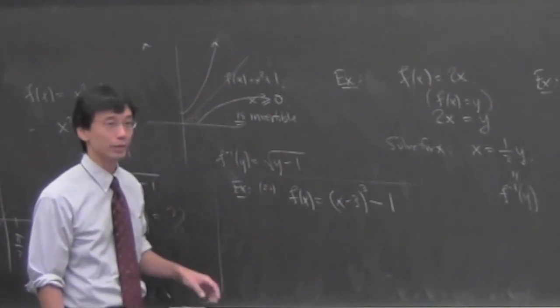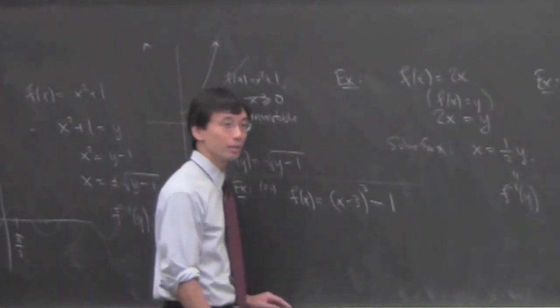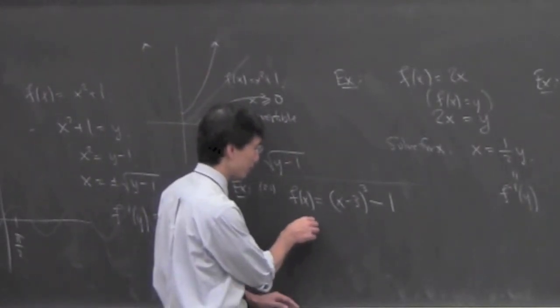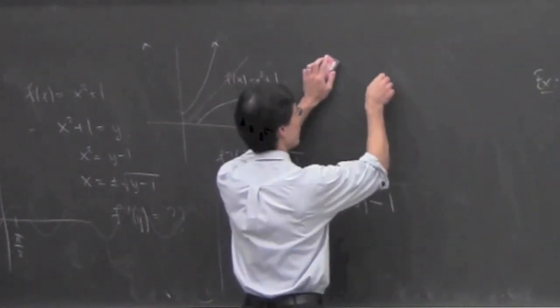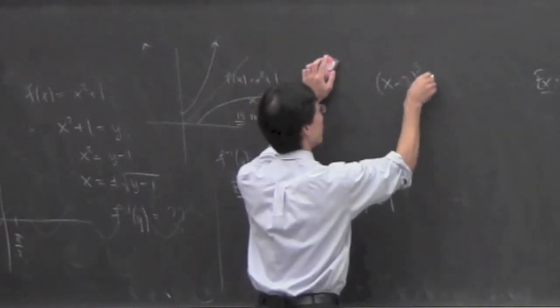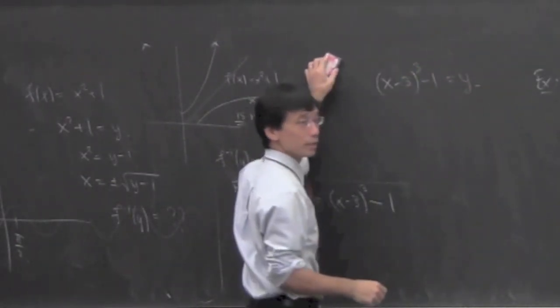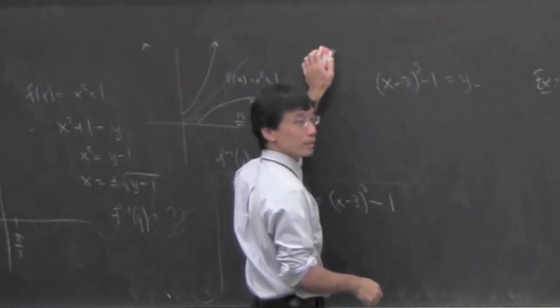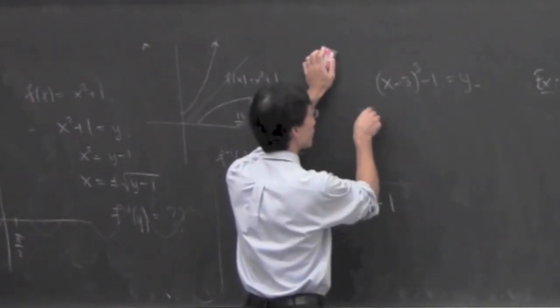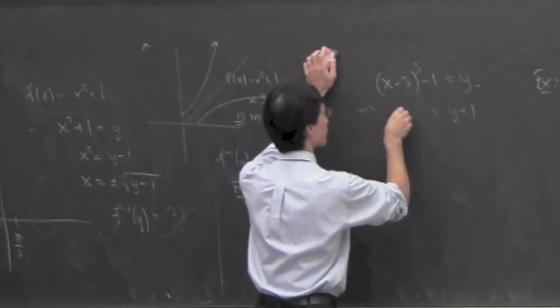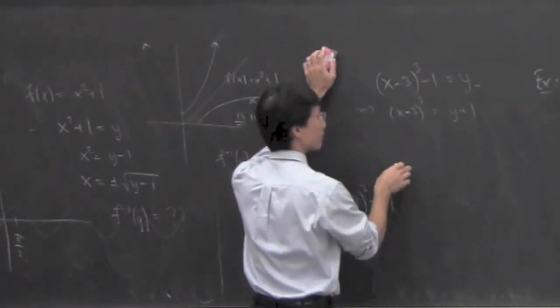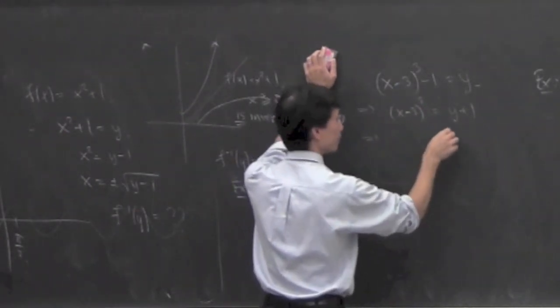Katie, how about I make you do it? Tell me how you do it. So you take this thing, you set it equal to y, so you do y plus 1, and then would you take the cube root?